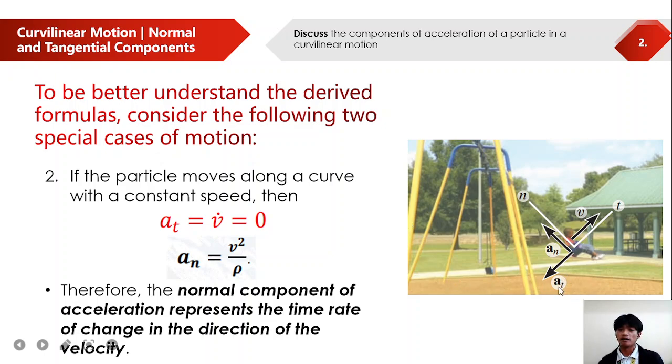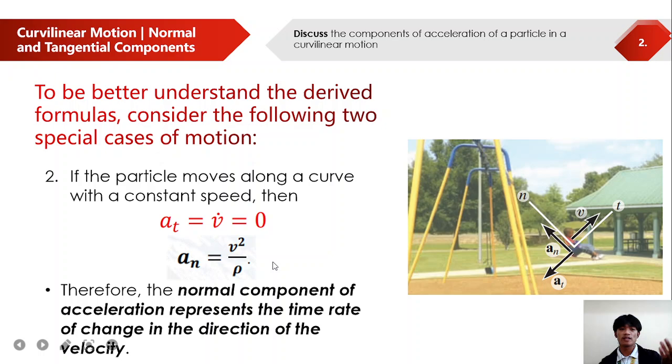Therefore, there will exist a normal component of acceleration and a tangential component of acceleration. That's the real life example where you can apply the normal and tangential components.